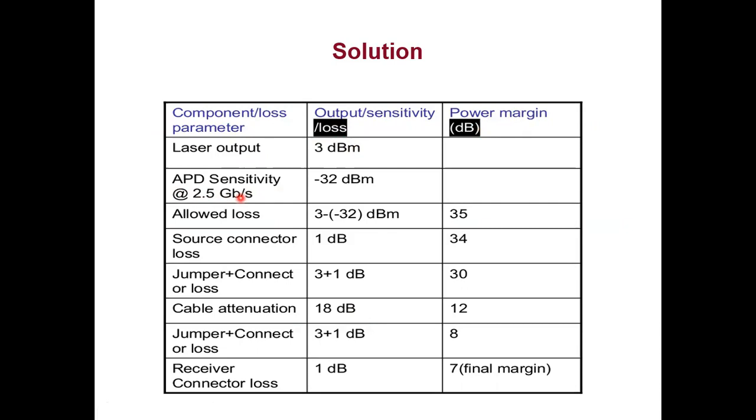So I'm only concerned with the power level. So for receiver sensitivity, here you can write down PS, PR. All these things you can write down, minus 32 dBm. Then comes your allowed loss. So allowed loss is PT. So you write it down. This is my PR, the receiver sensitivity, and this is my PS.